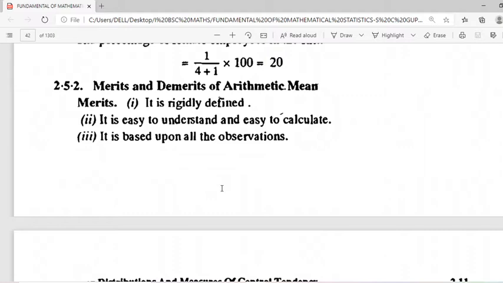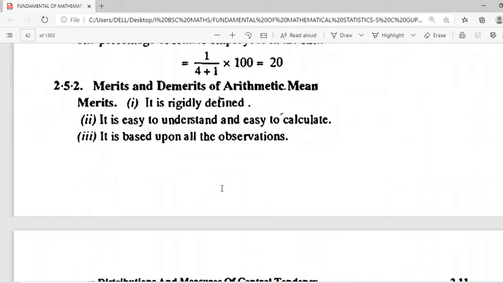That depends upon the requirement, or the merits and demerits. After understanding these, we have to apply the proper measure to the particular problem.